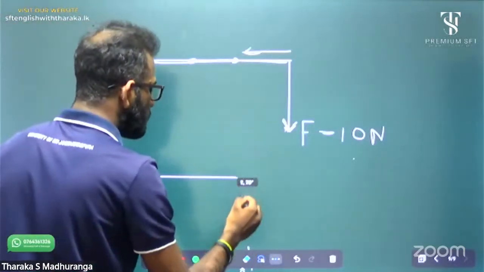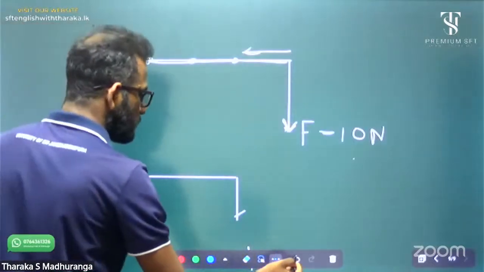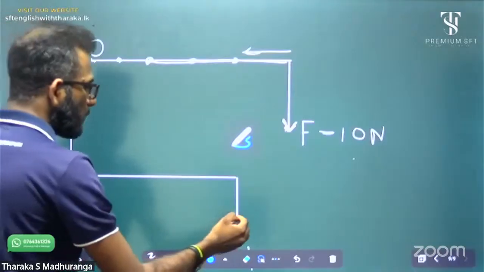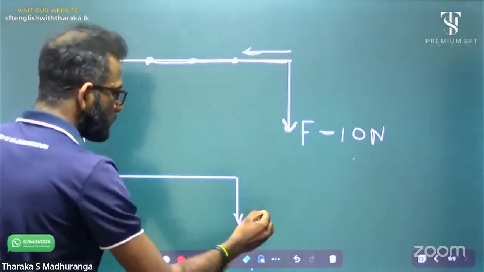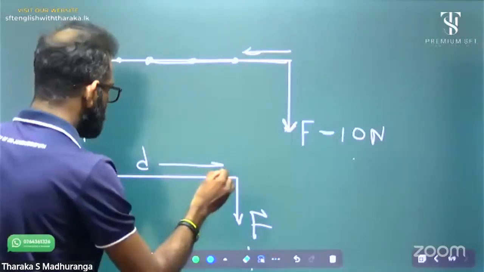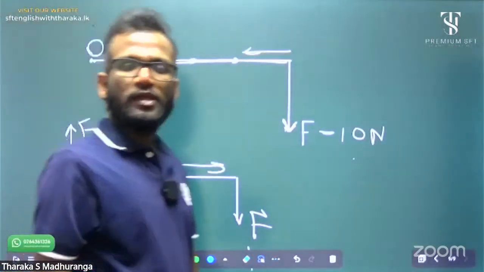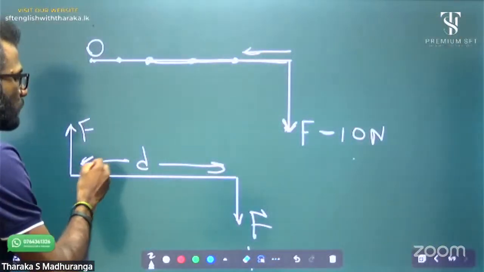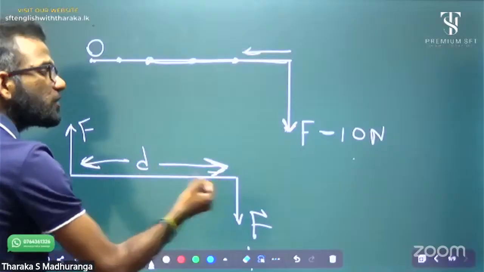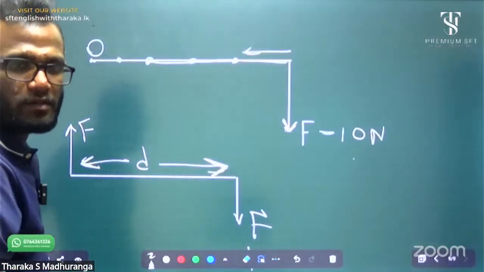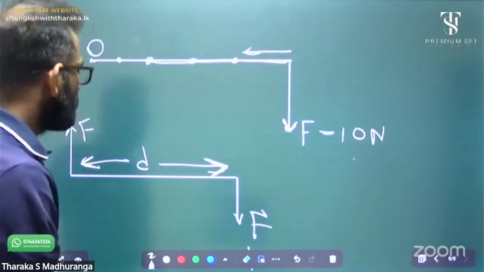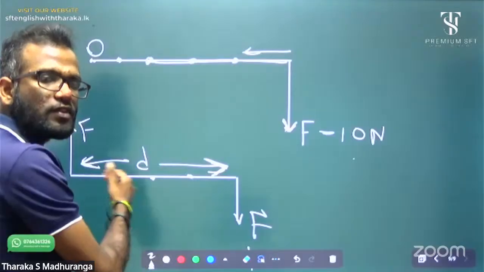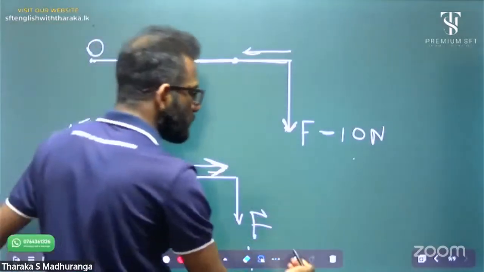Two forces act in opposite directions with the same magnitude, F and F, with a distance between them. The rotational point is not affecting it. Always we take the distance between the two forces. The rotation point is not a factor. Therefore, it's wrong.